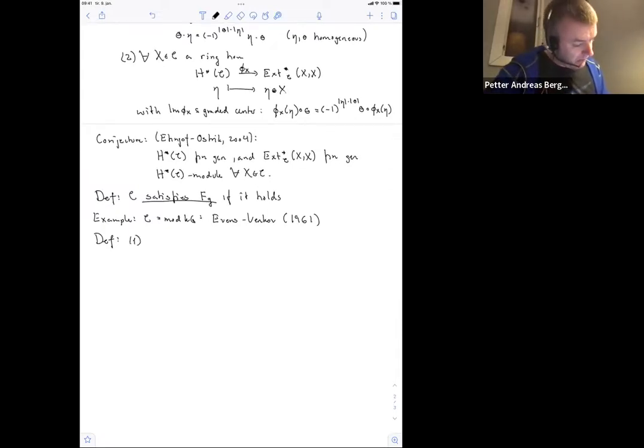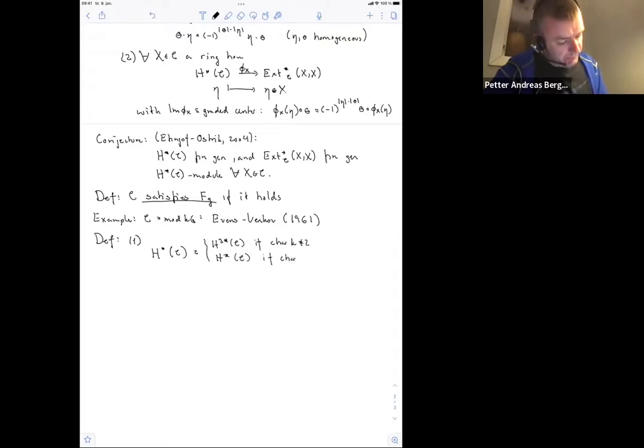So let's write H dot of C. This is just the even part when the characteristic of K is not 2, and the whole cohomology ring if the characteristic is 2. So this is a commutative ring in the ordinary sense.